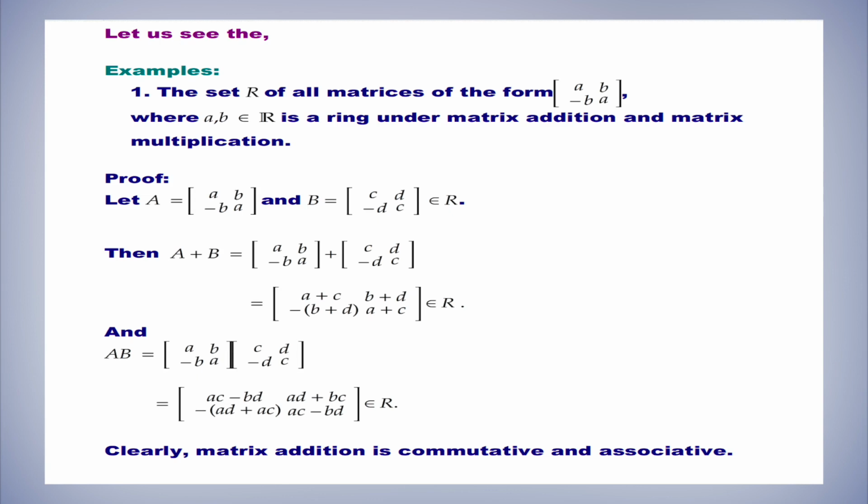And now we see AB, we will multiply it. So, [a b; -b a] times [c d; -d c]. While multiplying, we will get the answer as [ac-bd ad+bc; -(ad+bc) ac-bd], which is in R. Clearly, matrix addition is commutative and associative.